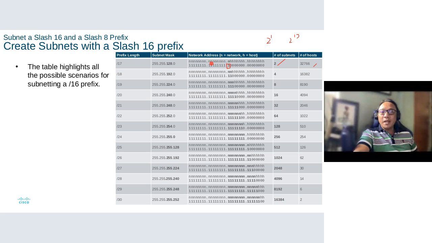So madedetermine natin dito sa binary format ng network address at host kung ilan ang subnet at kung ilan ang host. Okay? Is it clear to everyone? Malinaw po ba? May question kayo so far sa explanation?